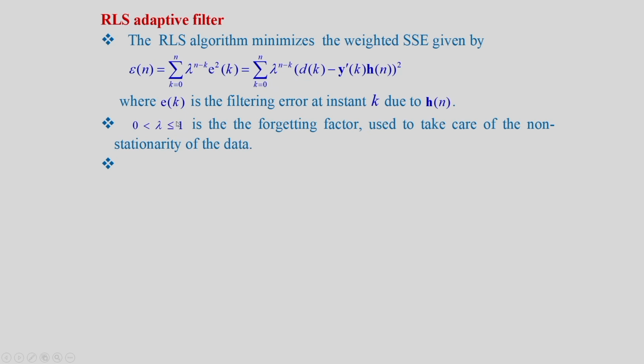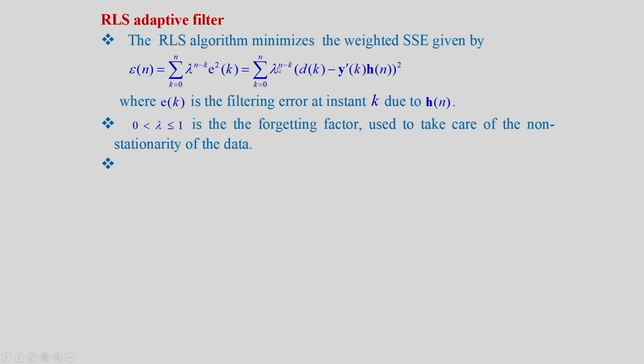In the case of a WSS signal, we can take lambda equal to 1, and this is used to take care of non-stationarity of the data. So, for example, since lambda is a fraction, as n tends to infinity, lambda to the power n minus k, for k equal to 0, will become lambda to the power n.